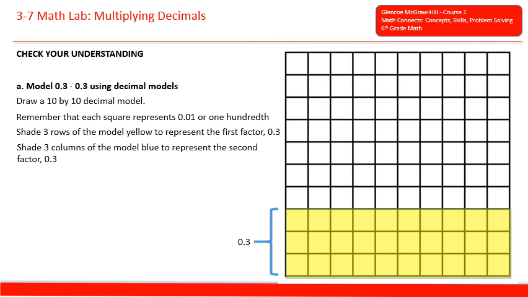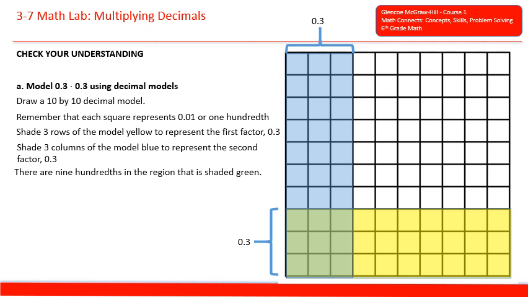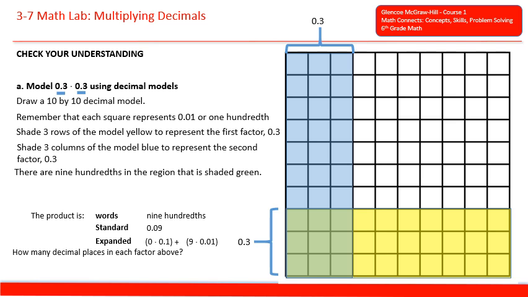Shade 3 columns of the model blue to represent the second factor of 3/10. There are 9 hundredths in the region that is shaded green. The product is, in words, 9 hundredths. Standard, 0.09, or expanded form, 0 times 0.1 plus 9 times 0.01.